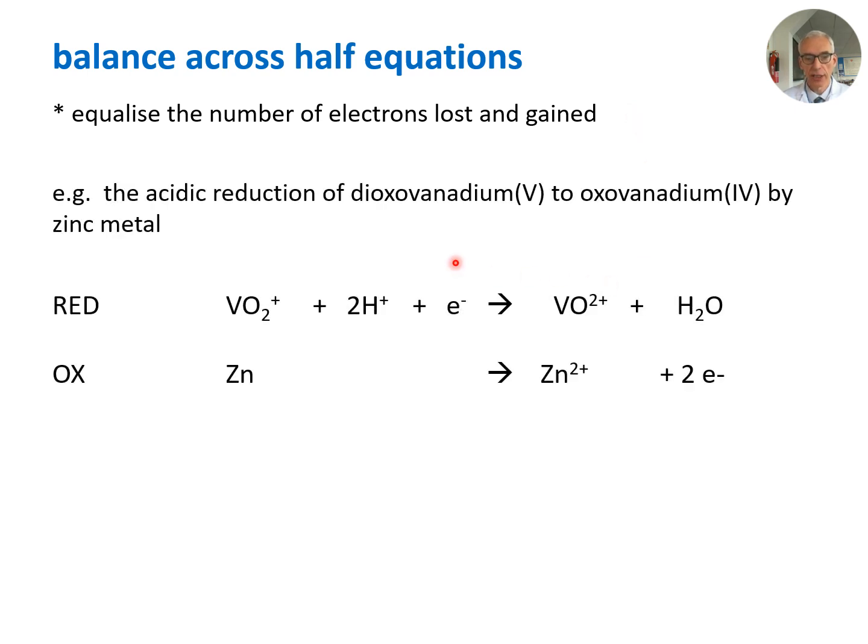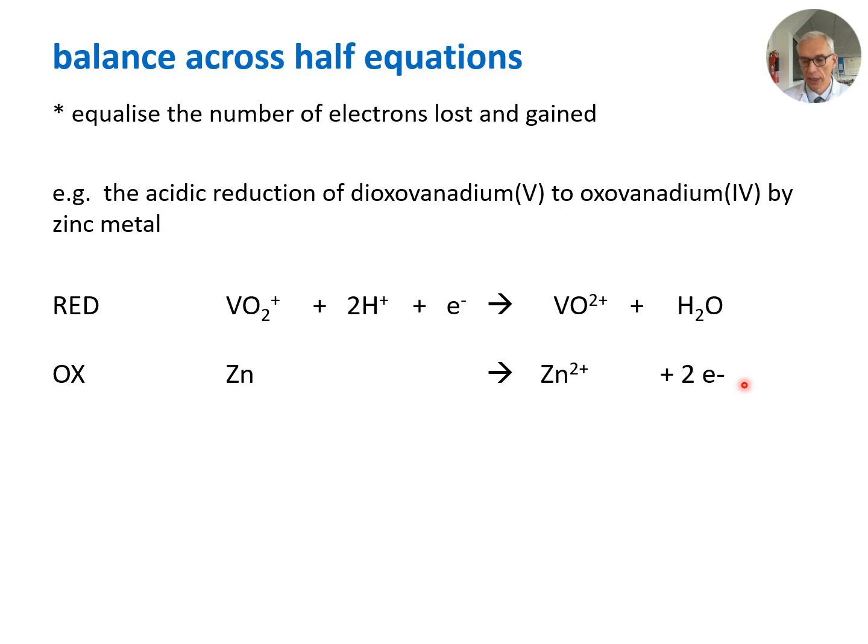Let's consider the acidic reduction of dioxovanadium 5 to oxovanadium 4 by zinc metal. Zinc metal changes to a zinc 2+ ion. Now in the reduction, 1 electron is gained in this equation as written, and in the oxidation 2 electrons are lost.